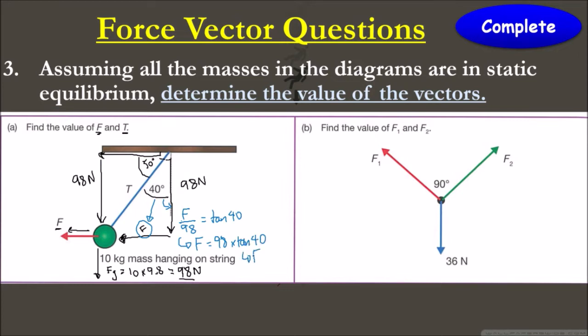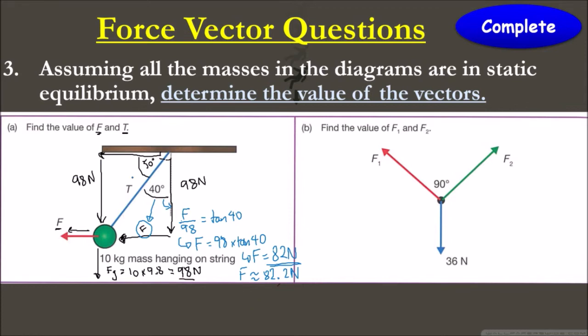That means F is equal to 82 newtons of force. Or, if we round it off, we'll just do three significant figures for all of these, 82.2 newtons. Okay, so that's how you do that bit.